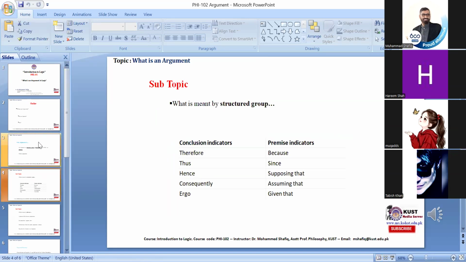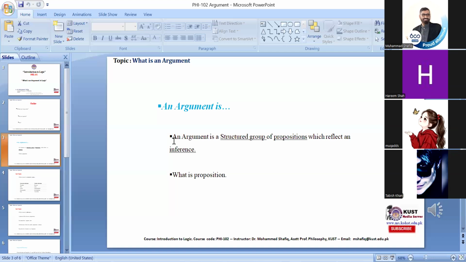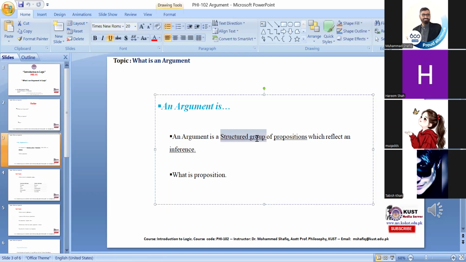Now, the first thing we talked about is that an argument is a structured group of propositions. We now know what a proposition is. Another key thing we need to understand is the structured group. The first word in this phrase is group.